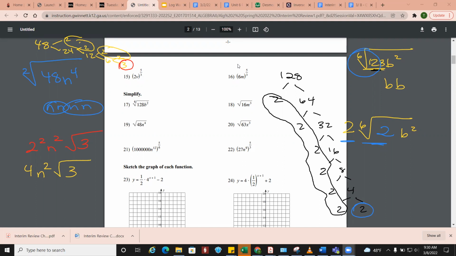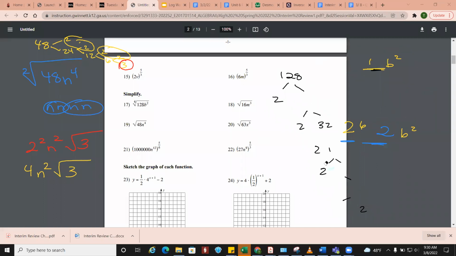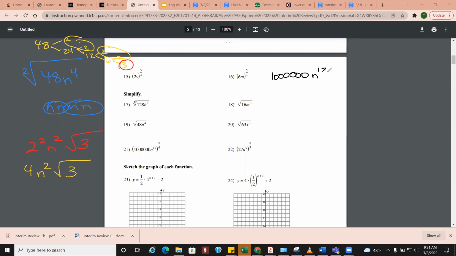All right, let's go through 21. Everybody freaks out about this one. Okay, so on 21, what you're going to do is you've got 1 million into the 12th power raised to the 5/6.